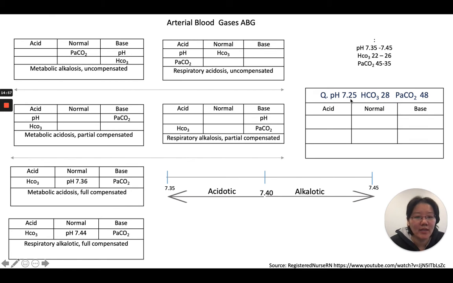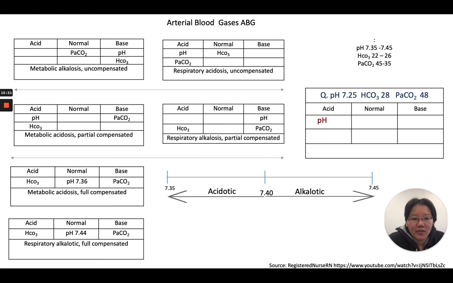So we got pH 7.25, HCO3 28, PaCO2 48. So the NCLEX question is going to be like this: a patient has a certain respiratory condition, and they did a blood test, and here are the arterial blood gases. What is their situation?